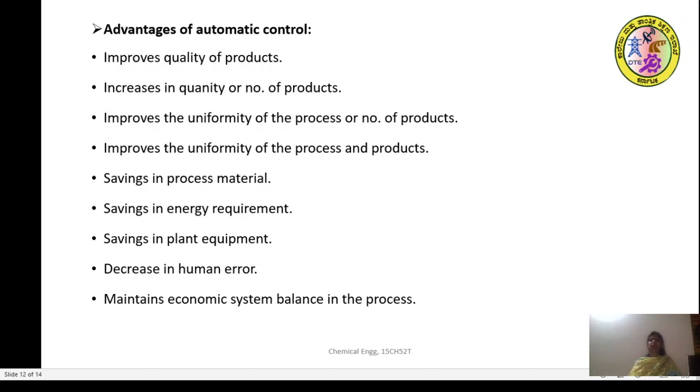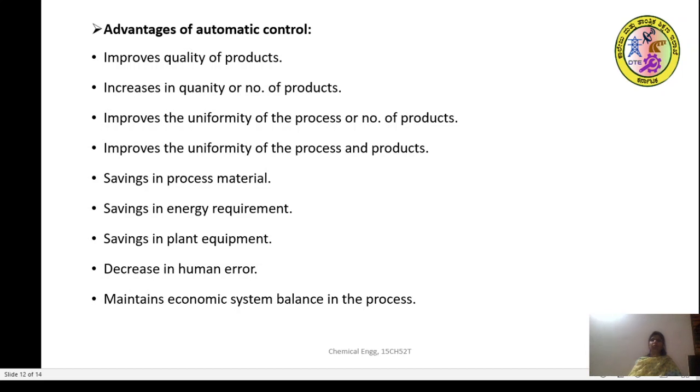By use of automatic control, human error can also be decreased. Overall, the economic system is maintained in balance in any particular process.